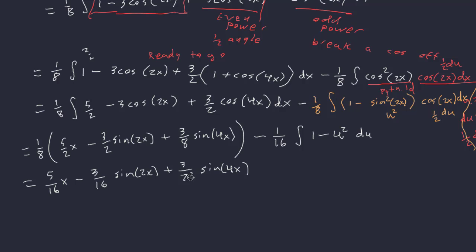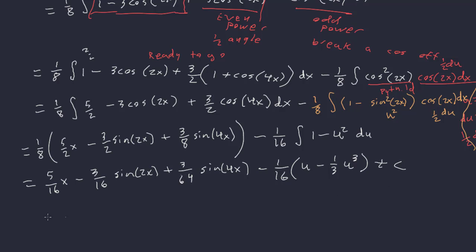Sorry, I had said 72, but that should be 64. Then minus 1/16. Then we're going to integrate this guy. It's u minus 1/3 u cubed. And then we can put the plus c.